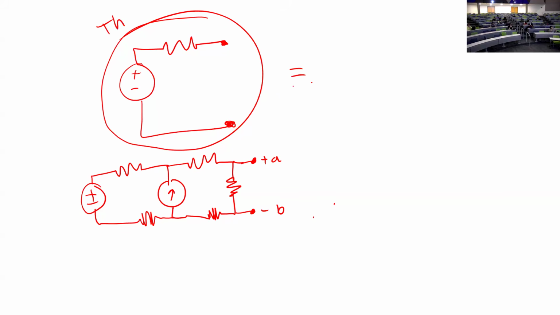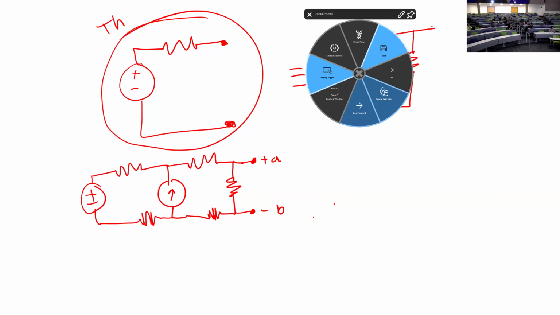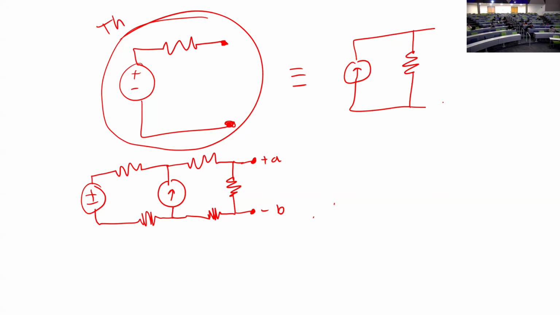And we can also write this as a Norton equivalent. So this is just instead of a voltage source, we have a current source and a resistor in parallel. So this is my Norton, where this we call ISC and this we call RTH.